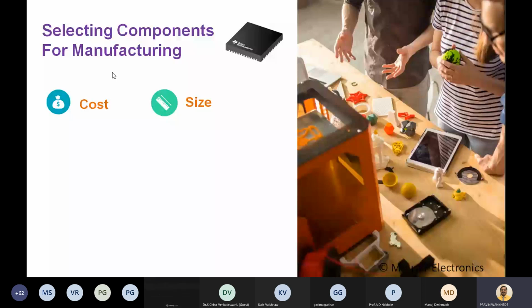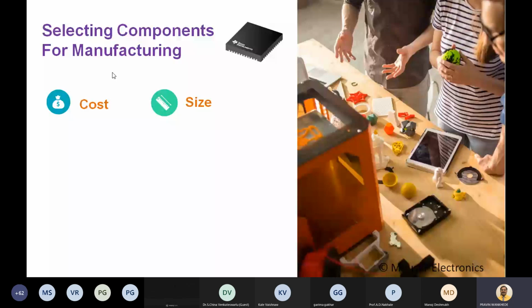Whatever product you are developing or manufacturing, if you have a choice that you can develop a product 1 centimeter greater, whereas with an assembly component your final product size will be less than 1 centimeter, then you can go with the larger component packages. That will help to reduce the assembly and inspection line in your final manufacturing.